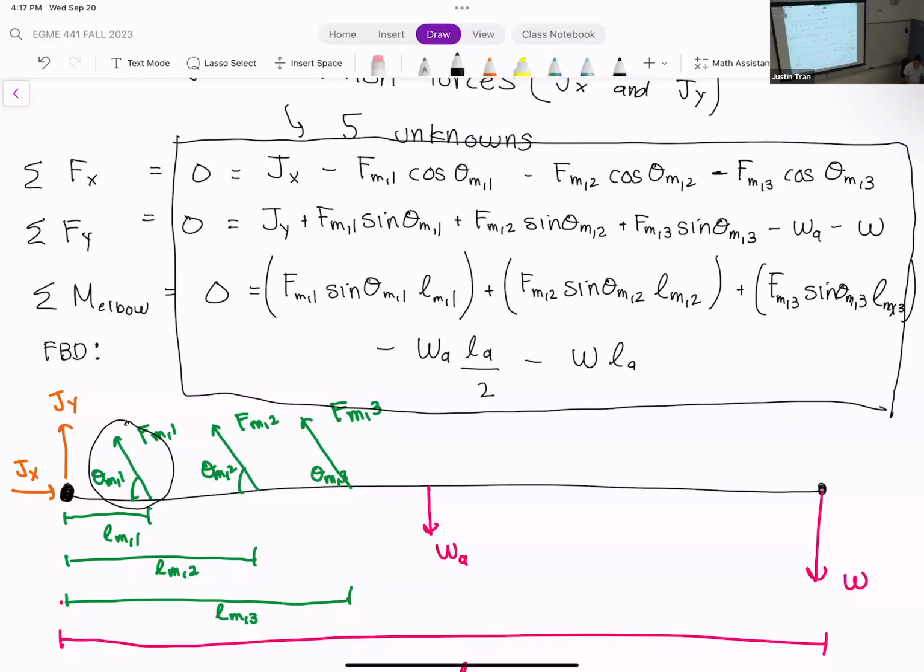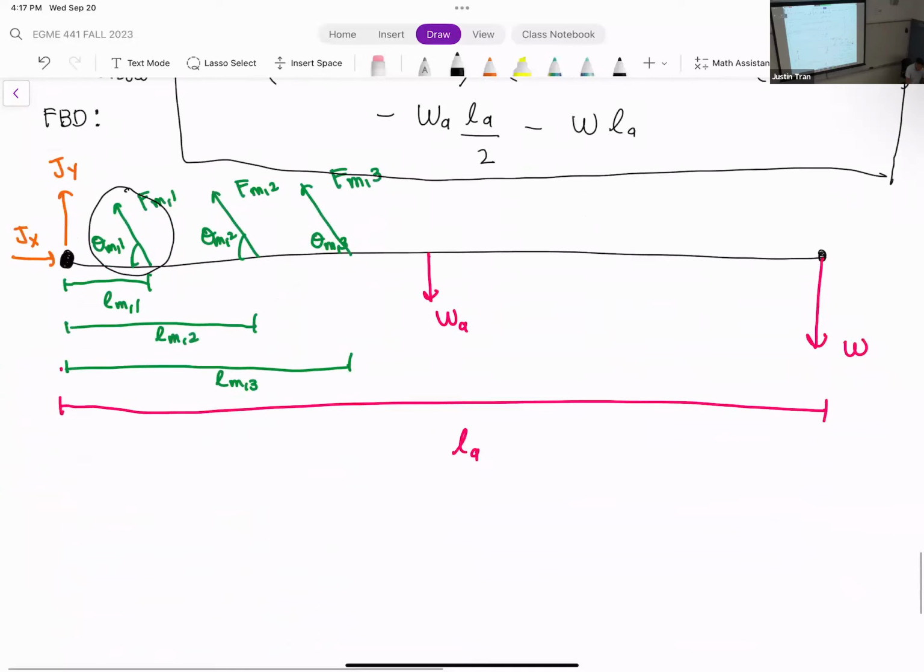All right. So this is a good start. We're going to use these equations anyway, but we already kind of knew beforehand that this wasn't going to be enough, right? And so in order to solve for all of the unknowns, we need at least two more equations.